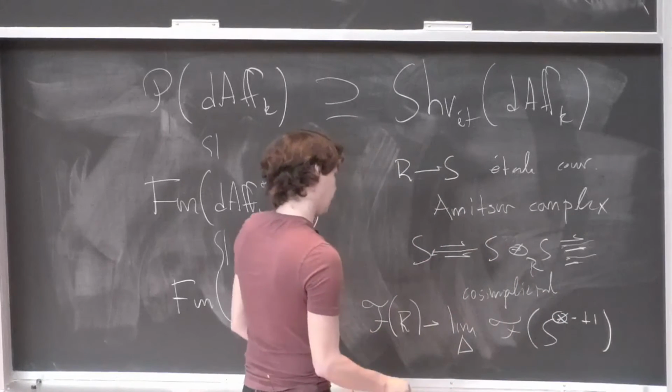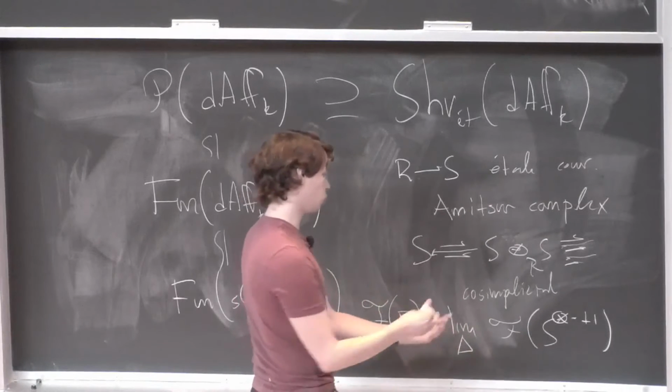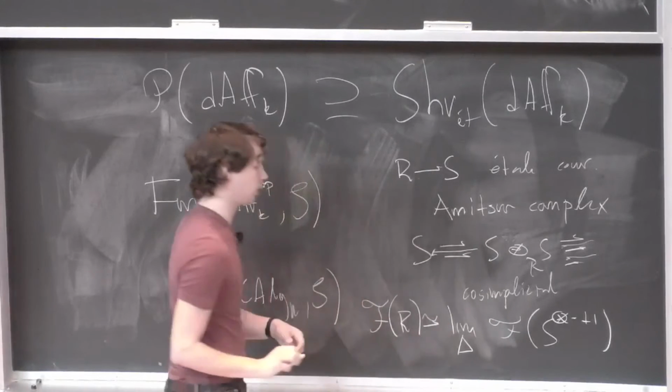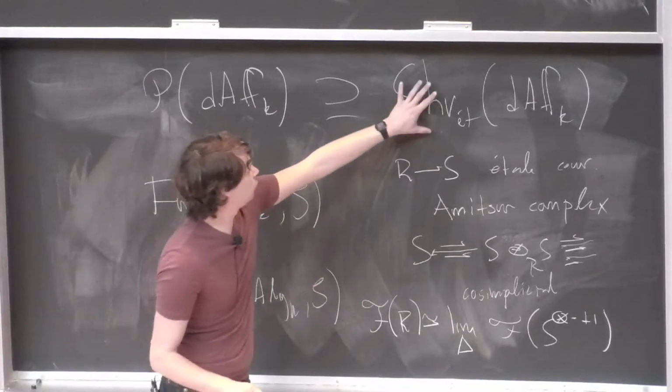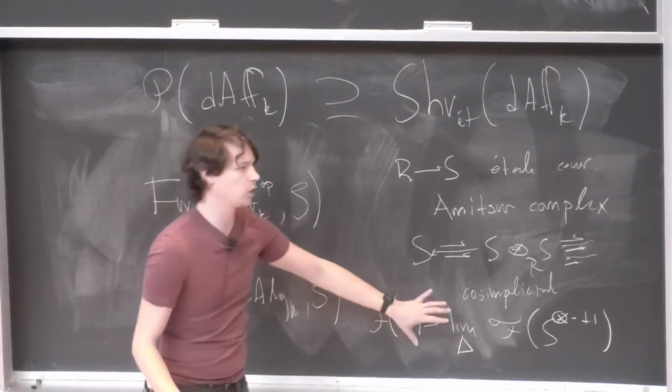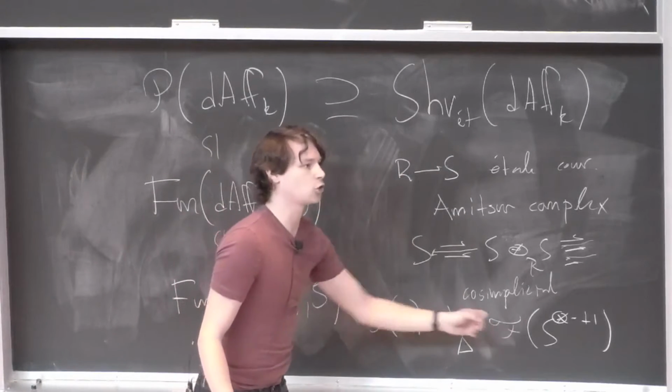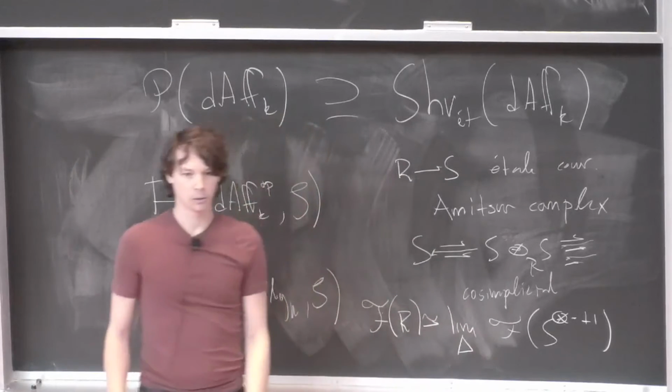This is the totalization, a limit over the simplex category. And what we want is this to be an equivalence. So this is the full subcategory of presheaves for which, for every étale cover, this natural map is an equivalence.